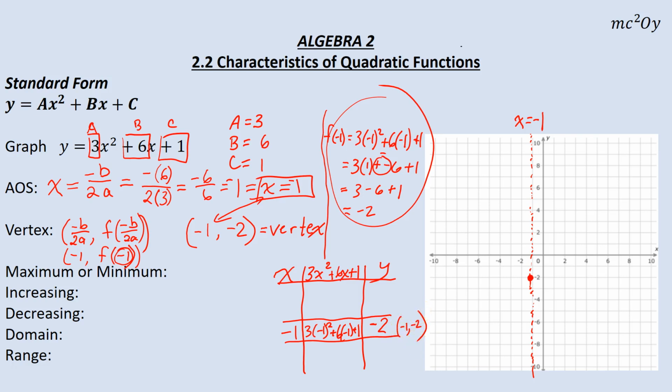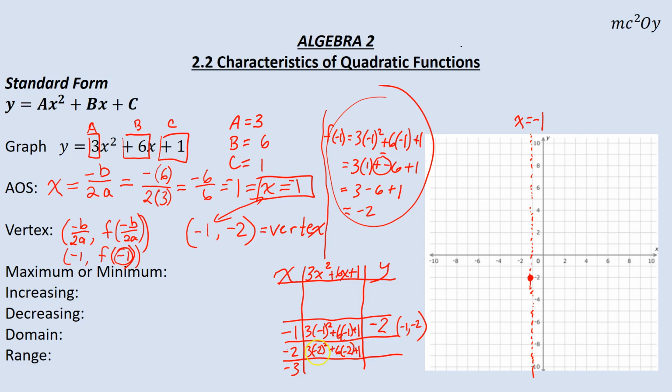All right? Now, having this vertex, I know I want to find values to the left and to the right. So in this case, that's -1, here's -2, and I'm going to go with -3. I'm just going to find two values to the left-hand side of it. So I go 3 times -2 squared plus 6 times -2 plus 1.